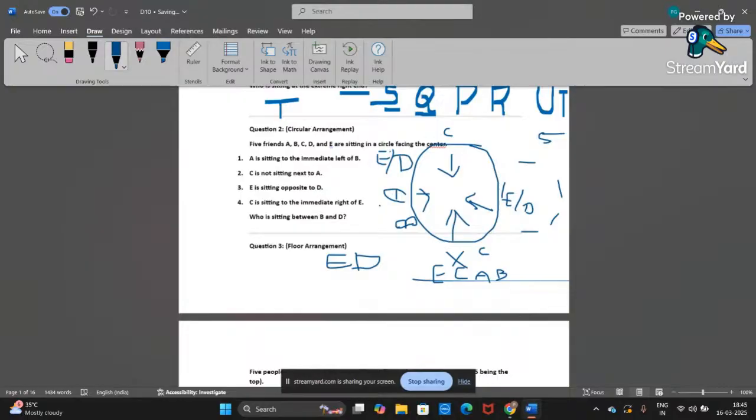Now what we have to find is who is sitting between B and D. C is sitting to the immediate right of E. E's right side means this side, right?